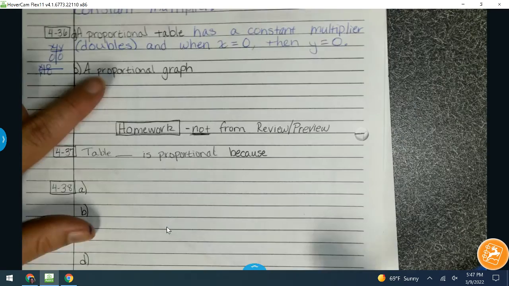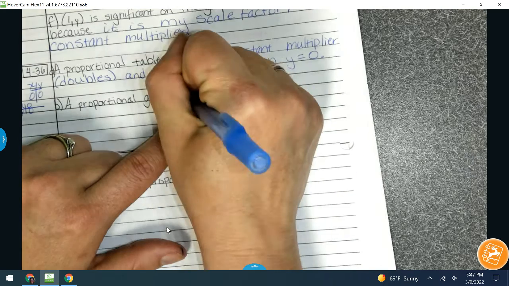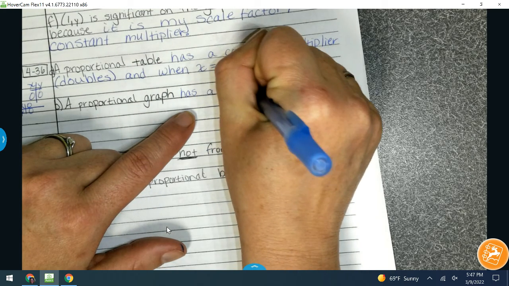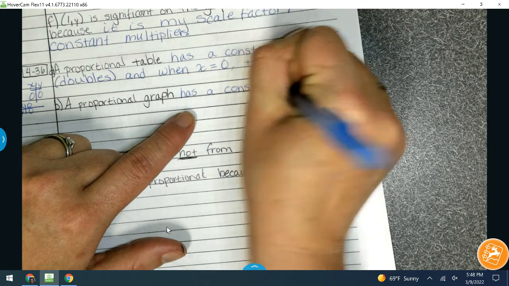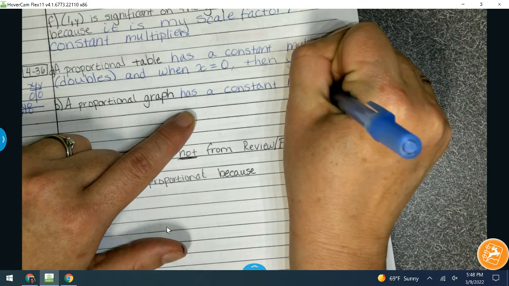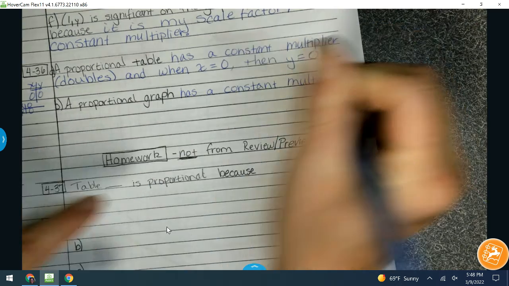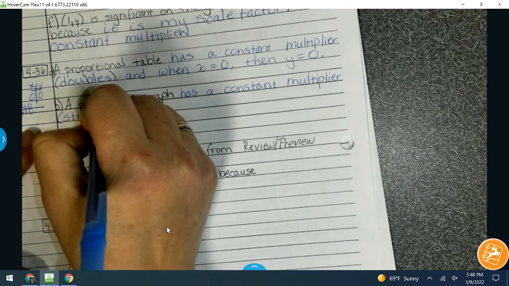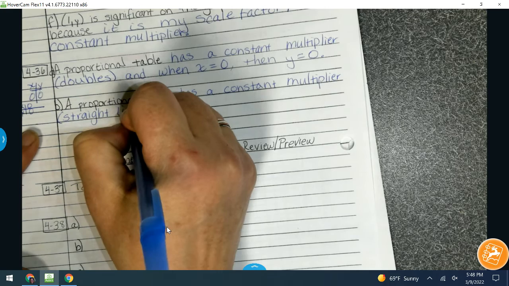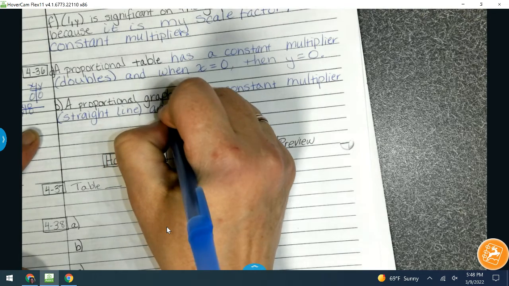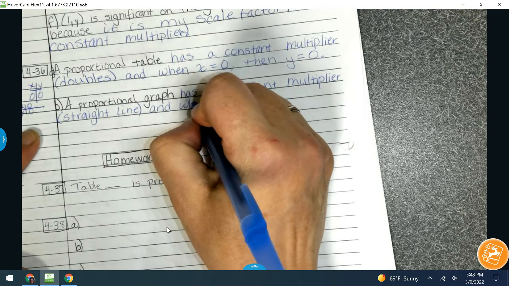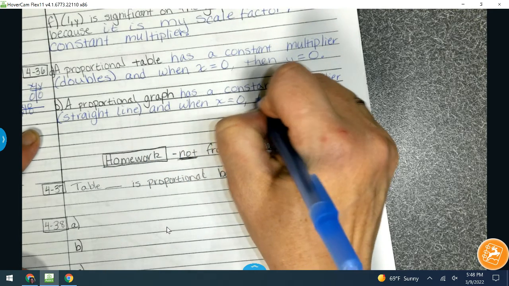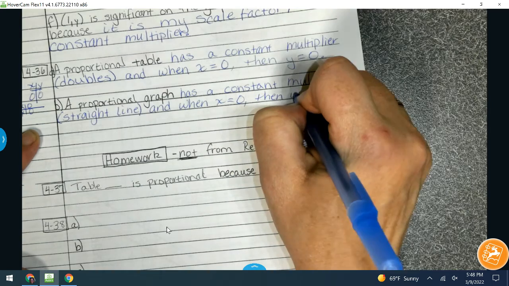So I'm going to go ahead and write that right here. A proportional graph has a constant multiplier. And I can see that in a straight line. And when x is 0, then y is equal to 0.